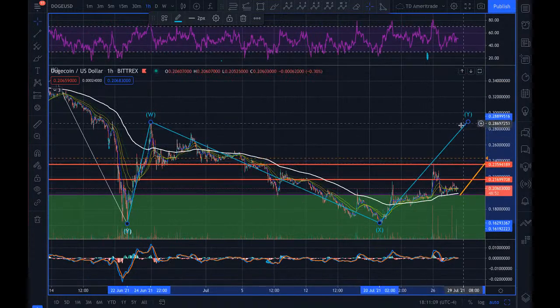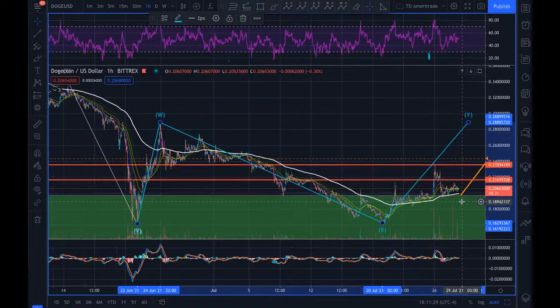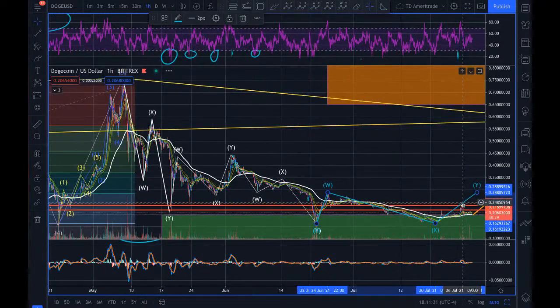So my count from the last few weeks is still valid at this point, although it's dragging on and on sideways compared to this wave. But it's not far enough down for me to change the count just yet.